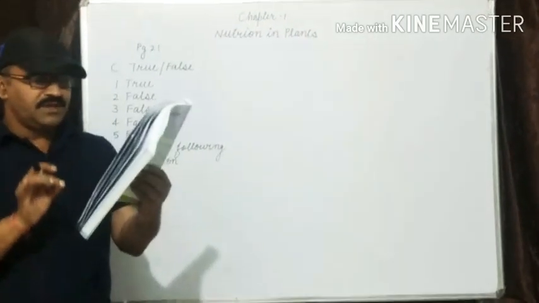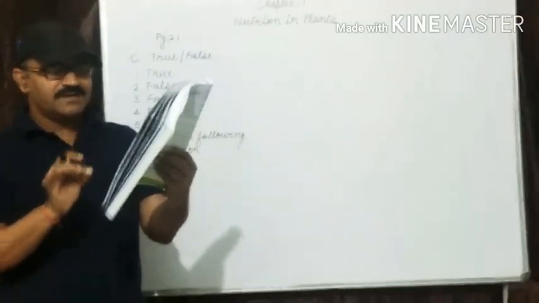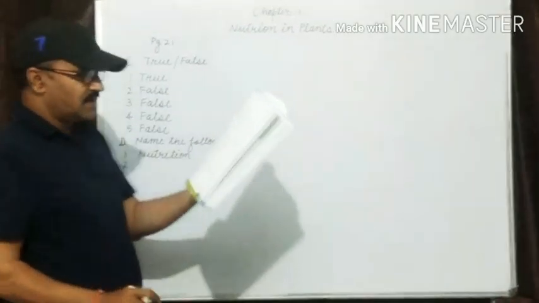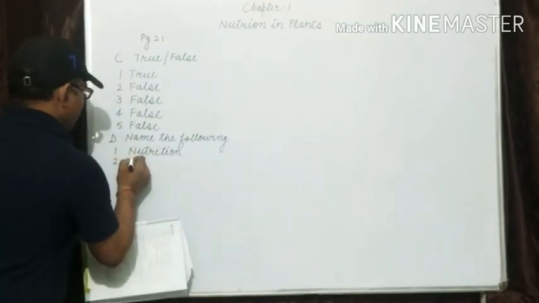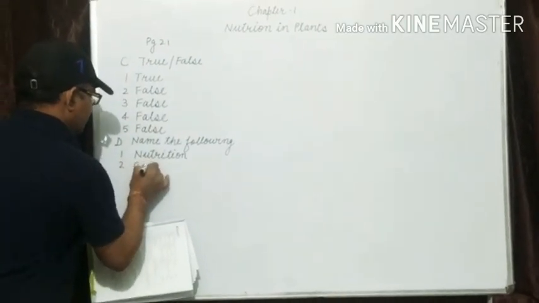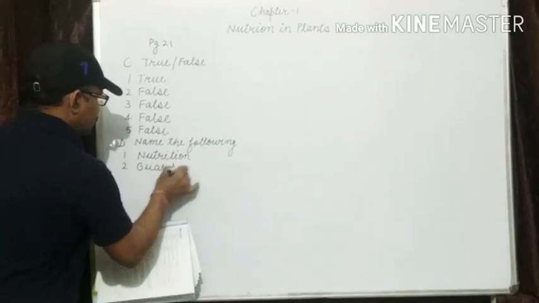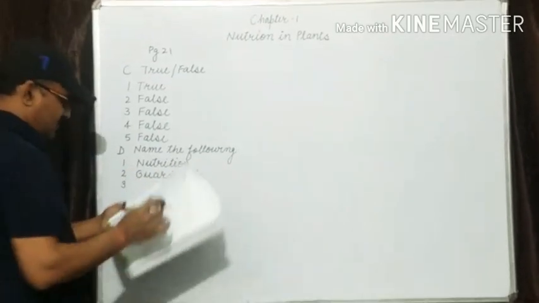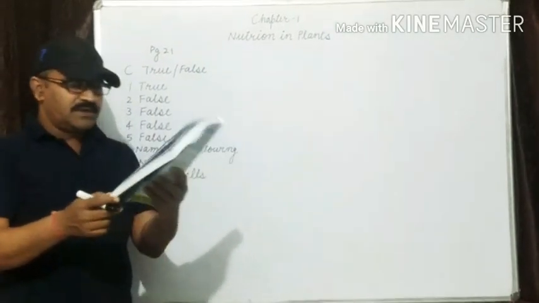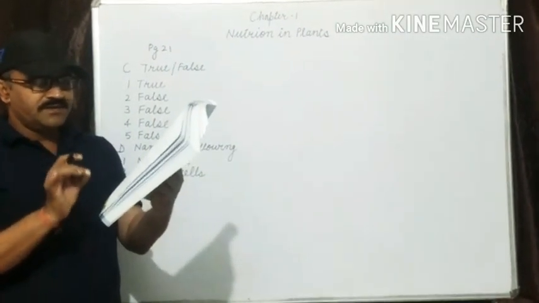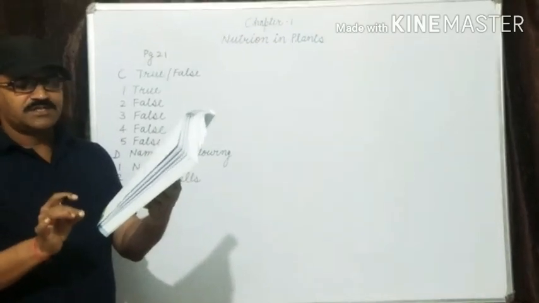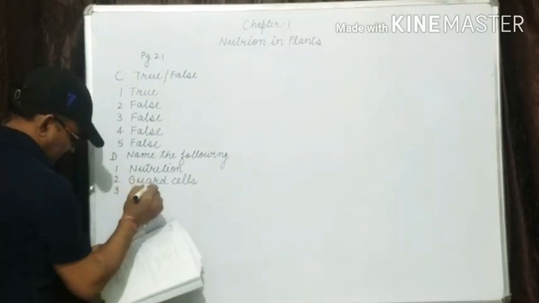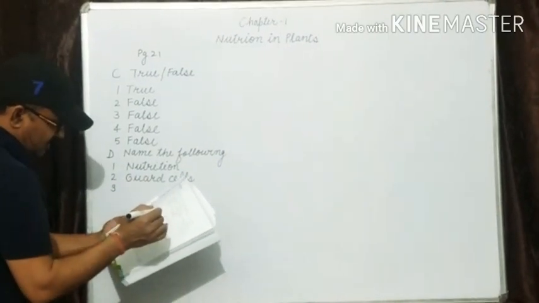Second, the bean-shaped cells that control the opening and closing of stomata are known as guard cells. Third, the type of organisms that derive nutrients from living organisms, that is known as parasitic nutrition.